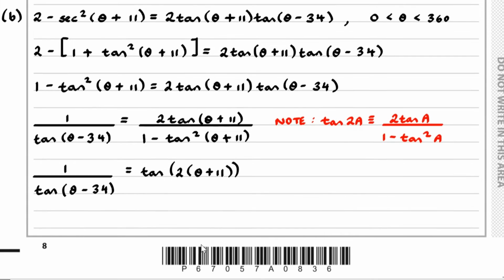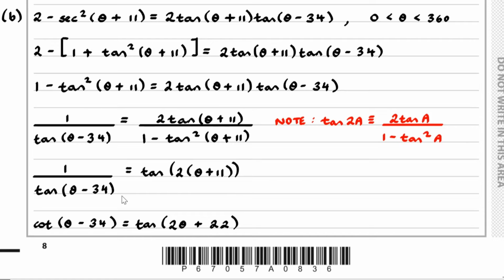So if we recognize that 1 over tan of theta minus 34 is the same as cot of theta minus 34, well, that's what we have on the left hand side, and on the right hand side, expanding, we would have the tangent of 2 theta plus 22.